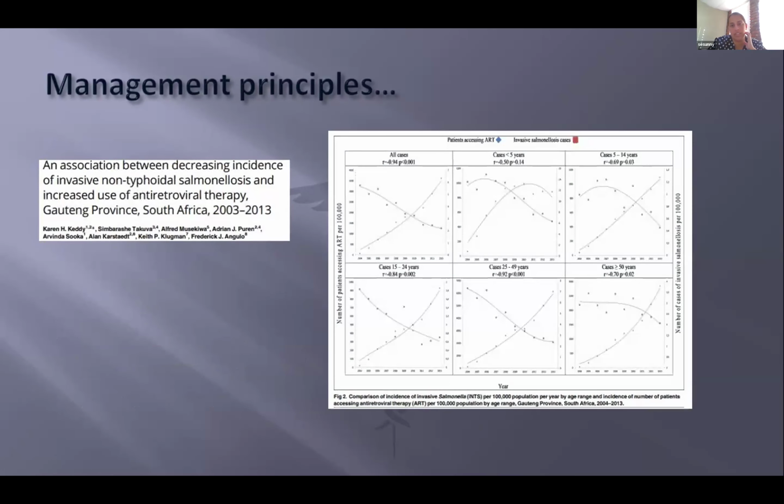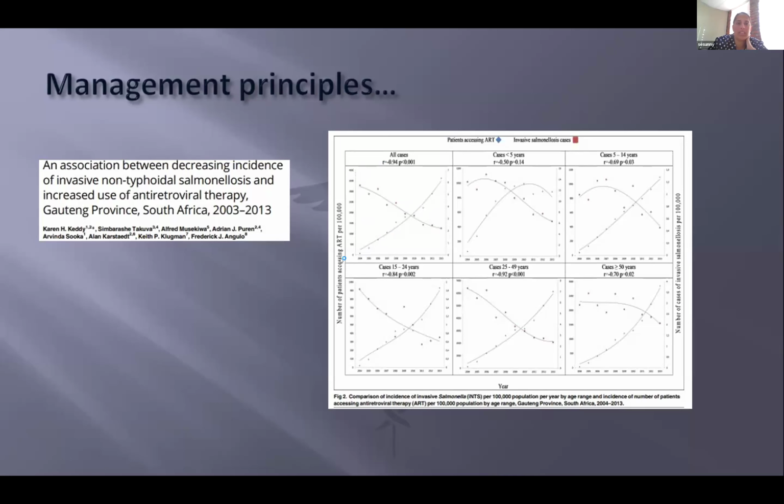So I wanted to touch a bit on HIV and Salmonella. And obviously, this is a nice paper by Karen Keddy looking at 10-year incidence of invasive NTS in the setting of increasing ARV use. And it nicely illustrates that in patients who are accessing ARVs, your rate of invasive non-typhoidal infections reduces.